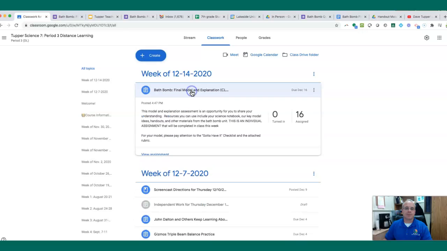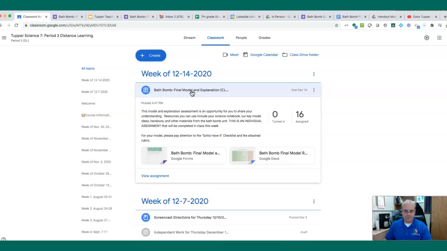We're kind of wrapping up this bath bomb unit. So there are two things, two documents. As you read the instructions, this model and explanation assessment is an opportunity for you to share your understanding. Resources you can use include your science notebook, our key model ideas, handouts, digital for you, and other materials from the bath bomb unit.